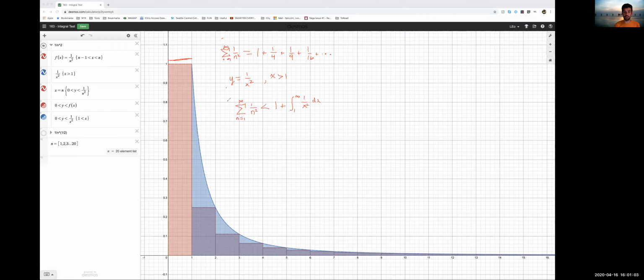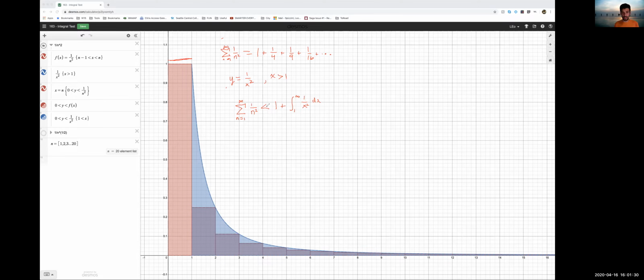The 1 is just to account for the first term, and the rest of them are less than this integral from the picture. We can go through a little proof of that, but it's pretty easy to show that this is a decreasing function. We're equal to the function on the right hand of each interval, so we have to be below it everywhere in the interval. It's probably easier to prove if you have less than or equal to, but it won't really change anything about what we're about to do.